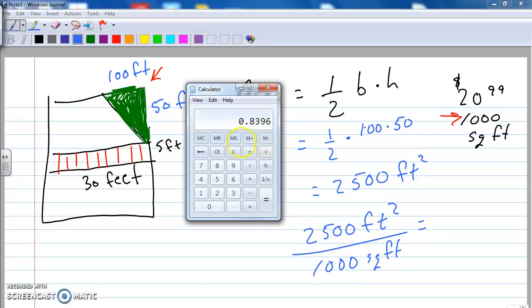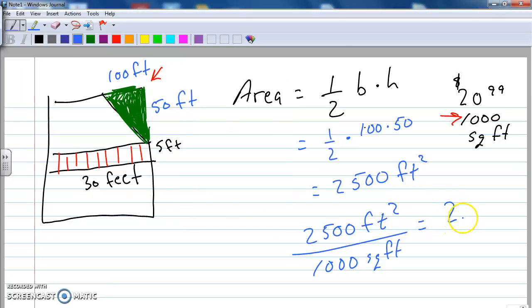So pull up our calculator here, 2,500 divided by 1,000, I get 2.5. So I need to use 2.5 bags to cover that triangle, if those were indeed the measurements. Okay, so now I'm going to take my 2.5 bags times the price per bag, and it will give me a final cost.